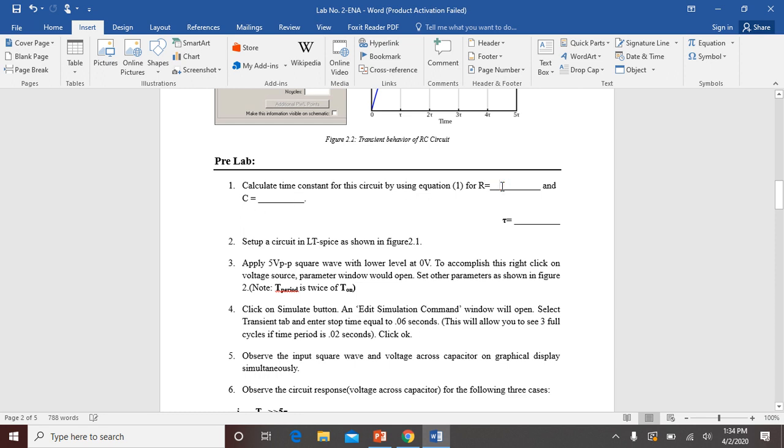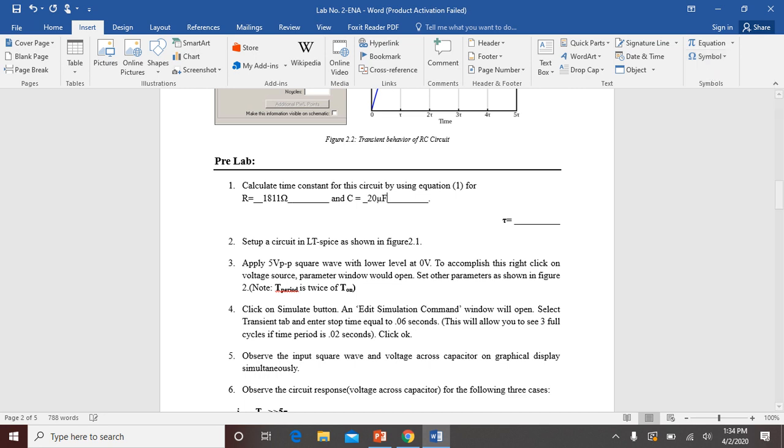So let's say the first 4 digits of your roll number are 1811, and you will insert the symbol over here, that is ohms, and then the last 2 digits, it's like 20 micro. Again, take those 2 digits with microfarad.